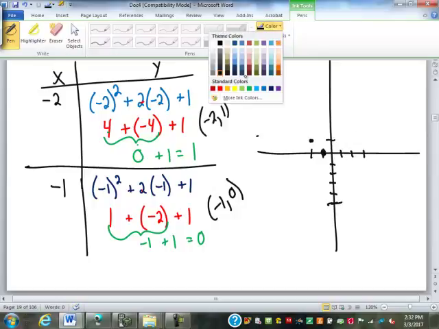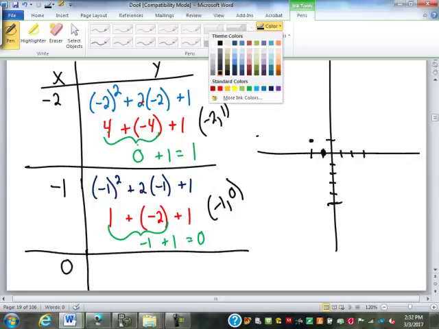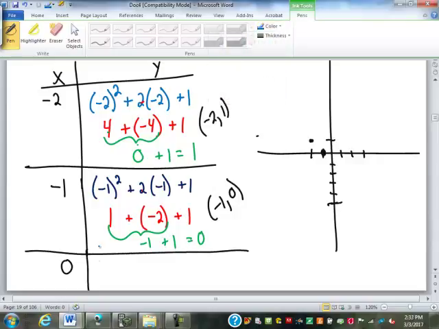So now we're going to do x is 0. So if we put in x is 0 here, it's 0 squared plus 2 times 0 plus 1. This one's not so bad. What's 0 squared? 0.